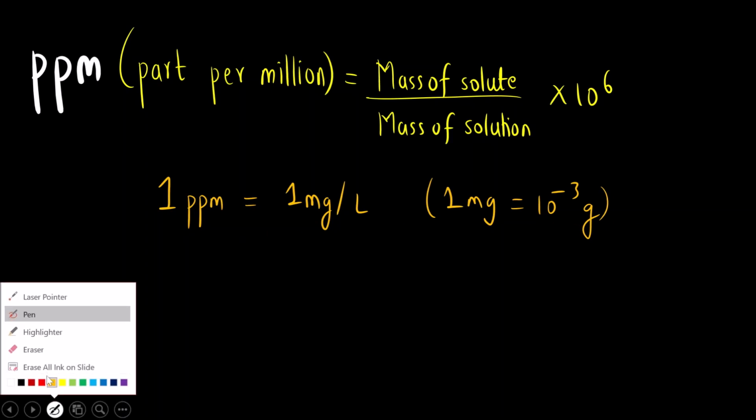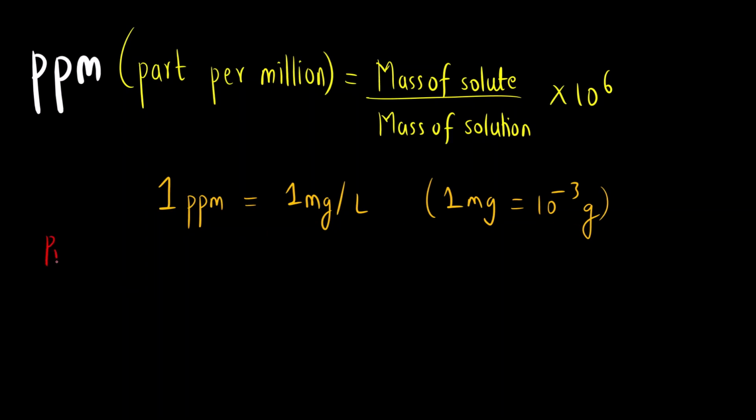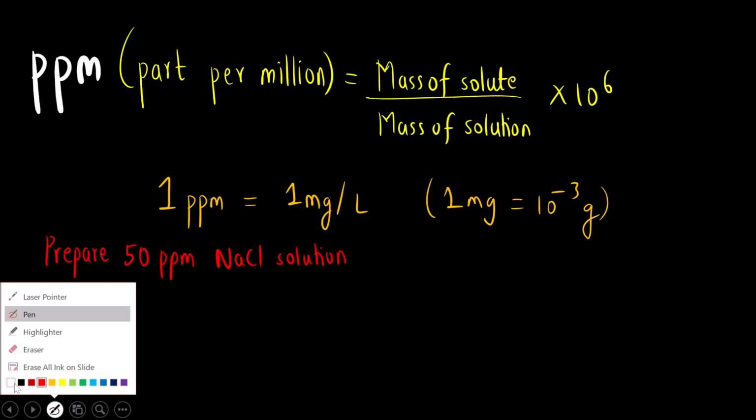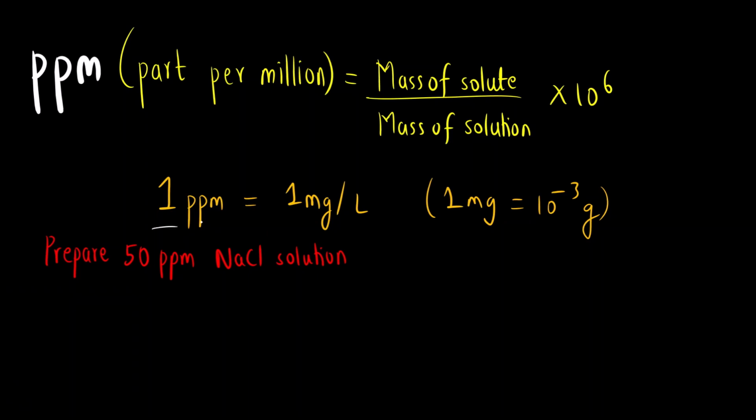Now let us understand this with the help of an example. Suppose I give you a task of preparing, in a lab, 50 ppm of NaCl solution. How do you prepare this solution? See, 1 ppm is 1 milligram in 1 liter.